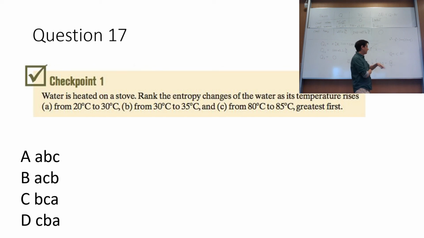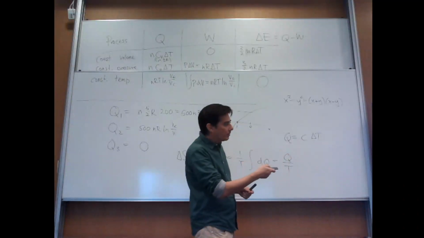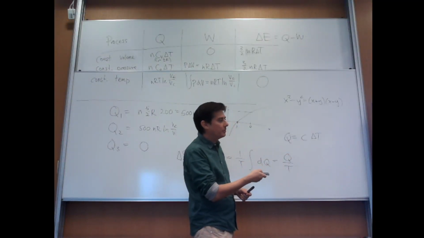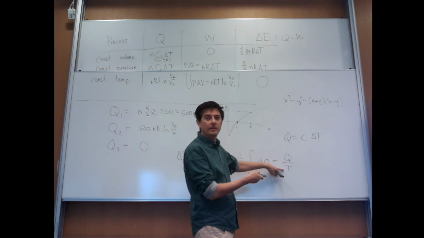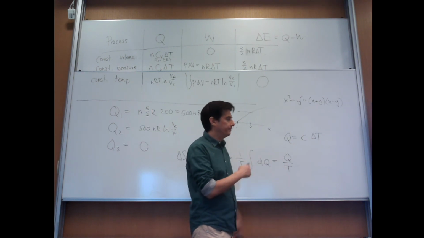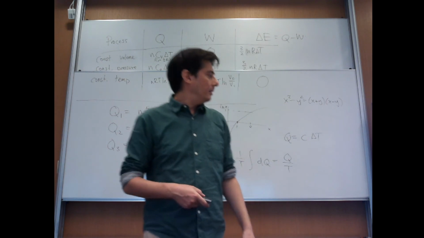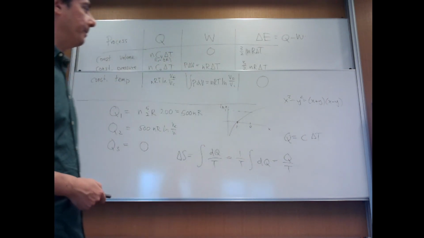B, right, because that's got the lower average temperature of the two. And this is Q divided by T, so the smaller the T, the larger this thing is. So it's going to be A, B, and C.